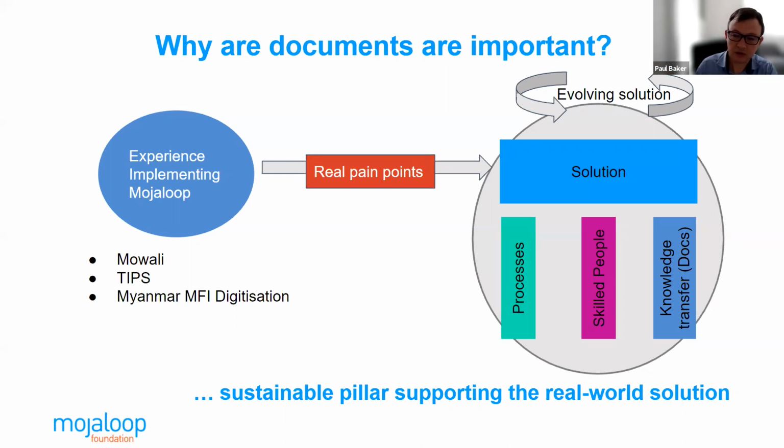They're the detailed documentations describing the solution. And the reason why it's important to make this available to the community is because it not only describes the solution, it also encapsulates the experience that we built up through the implementations of Moduloop at other places.